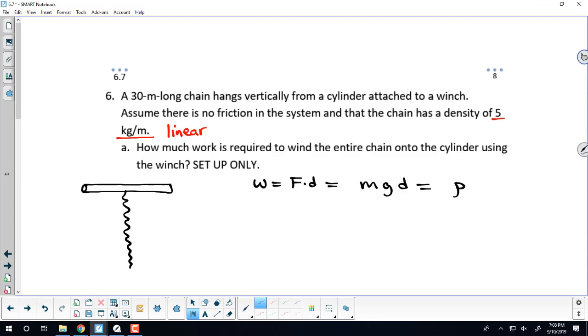We've got a linear density. So we're going to think about mass as density times length, times gravity, times distance. Depending on how you look at it, whether we're talking about d as the distance of lift, or do we talk about L as the distance of lift? But the idea is, that's the situation we're working with, because we've got a linear density.